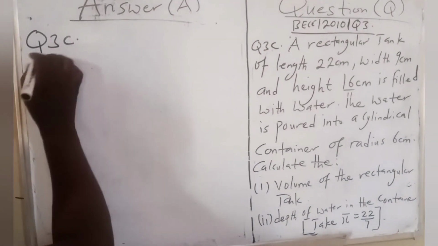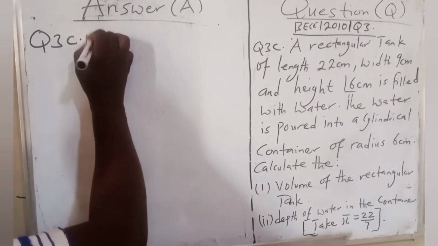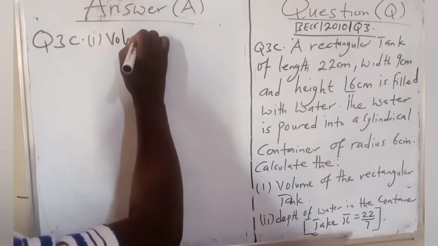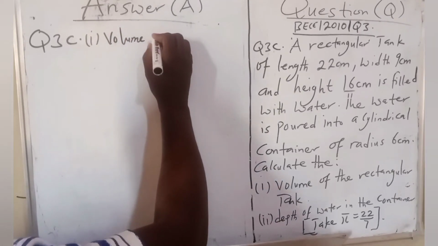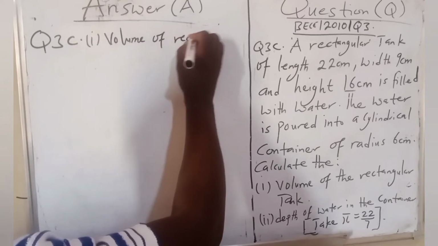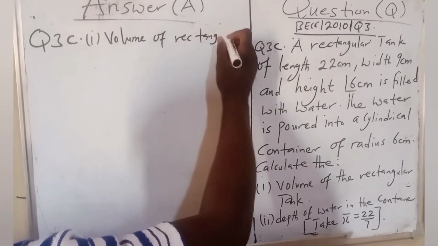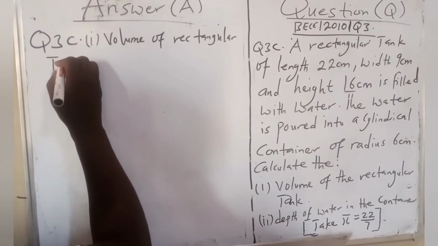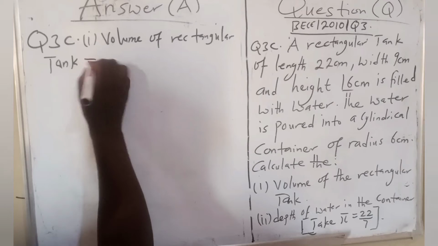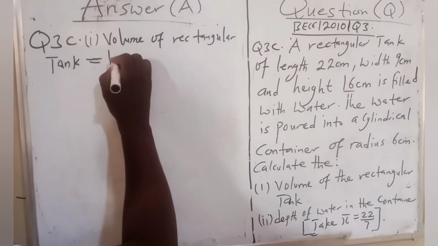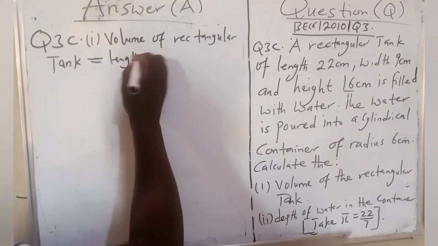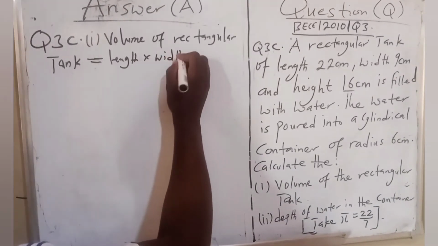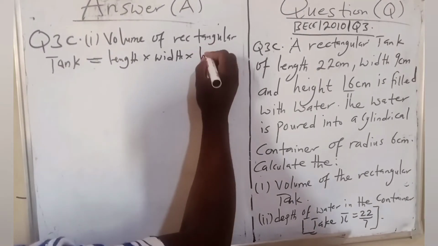So we have, (i) volume of rectangular tank, which is a cuboid, as I mentioned earlier on, equal to length times width times height.